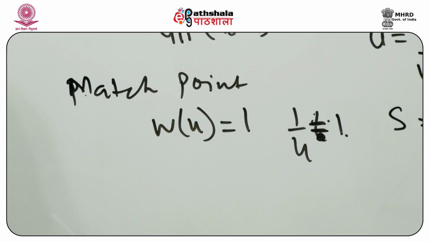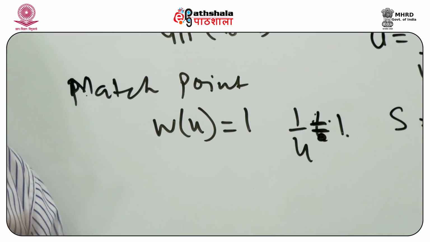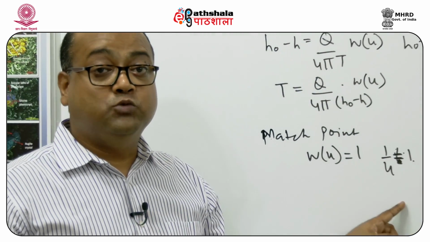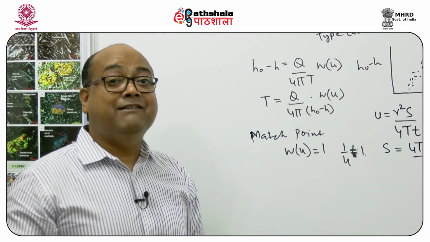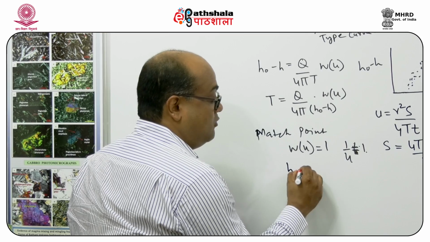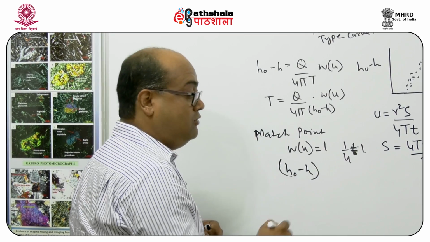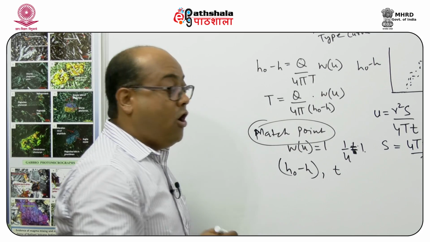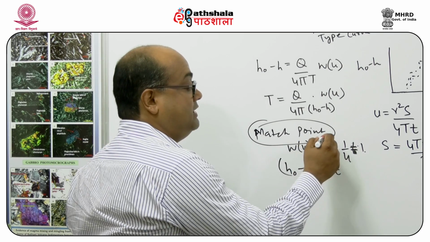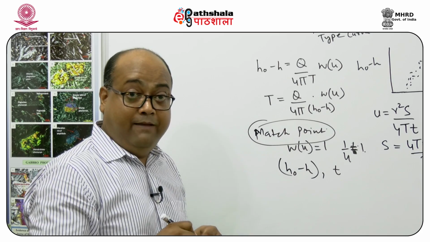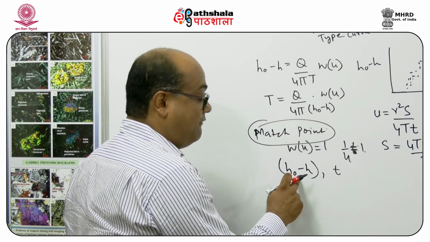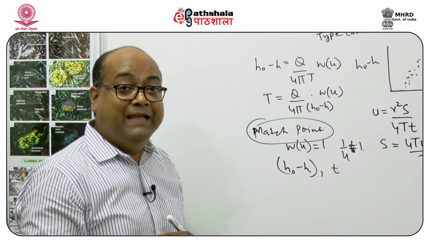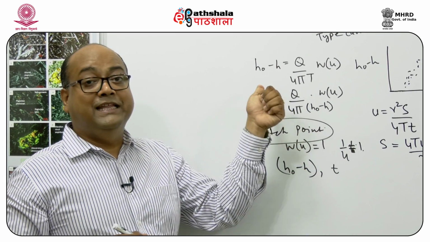So here, if this is the match point, then at this particular point we try to find out the value of h0 minus h, that is the drawdown, at this match point, and also the value of t at this particular match point, okay? Once we get the value of h0 minus h, which is the drawdown, and that of the time, we can put these values in the equation.